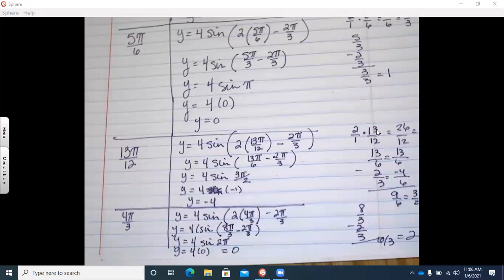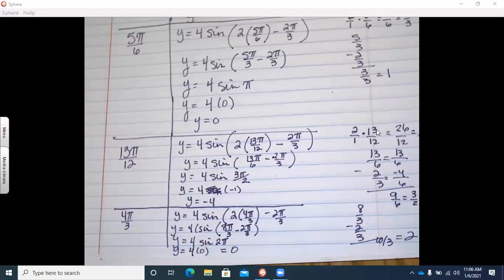Did y'all get what I got? Any questions about either of those? Okay, so my graph should look like this. We already said the amplitude was 4. We already said the period was pi. What is the domain?